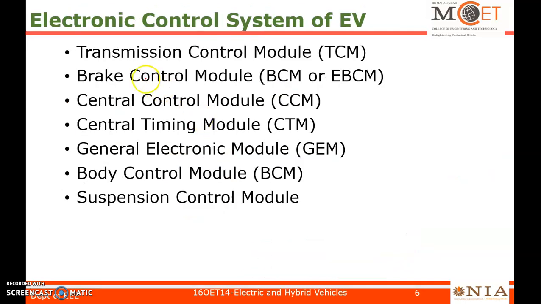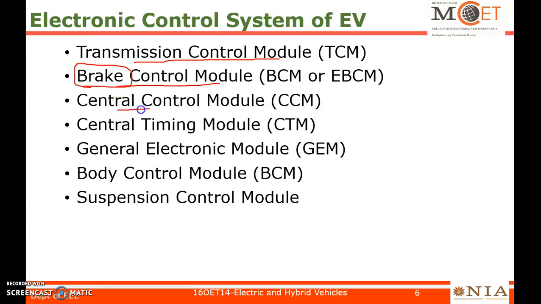Next is the transmission control unit. This transmission control unit controls the torque of the electric vehicle. Next, the brake control module controls the operating level of the brake in the electric vehicle.